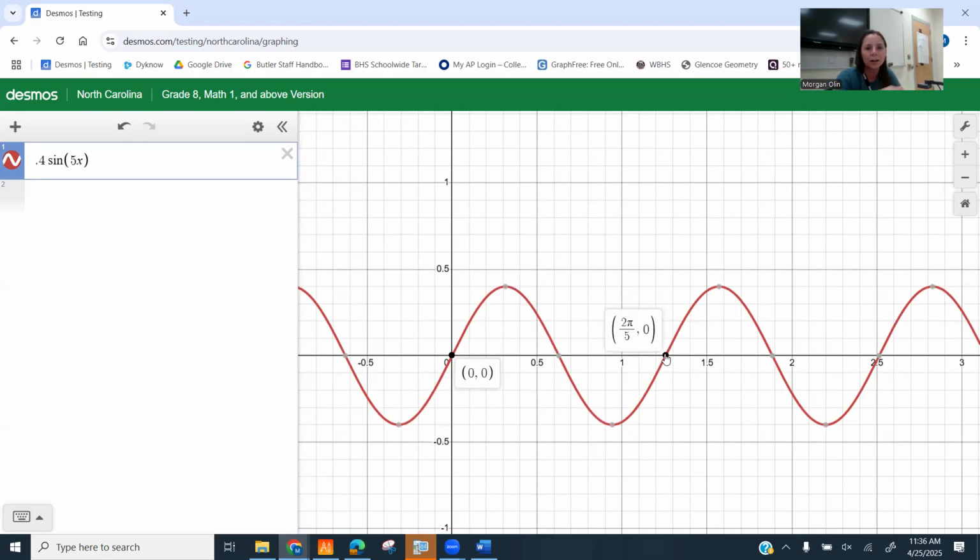I'm also going to hit the max or min right here. Do you see the distance from this 0 to here is 0.4? The height is 0.4. And one complete cycle ran from 0 to 2 pi over 5. Did you see our period was 2 pi over 5? So let's go back.